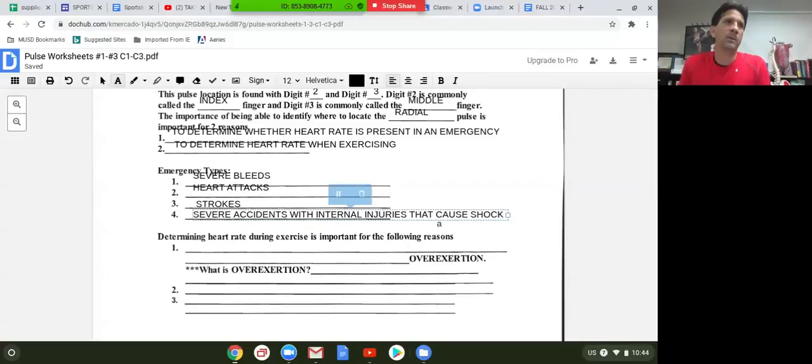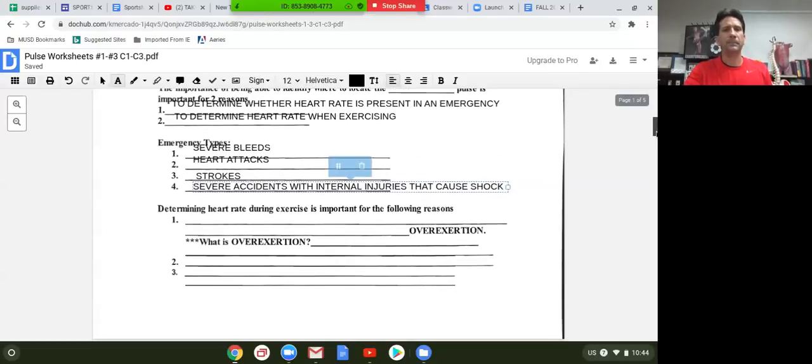So we'd want to be able to take a pulse during any type of shock-like situation. So those are just a few. There's quite a few more, but I could list off 20 of them. It wouldn't really make much difference. So I just want you to know that there's a few we'd want to be able to know for sure. Okay, so severe bleeds, heart attack, stroke, severe accidents with internal injuries that cause shock.